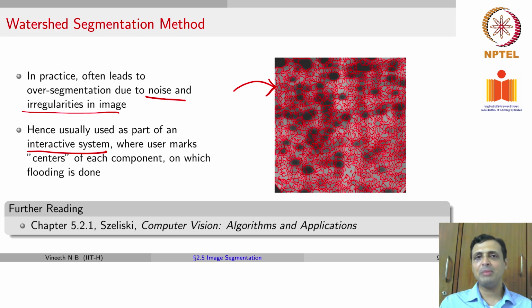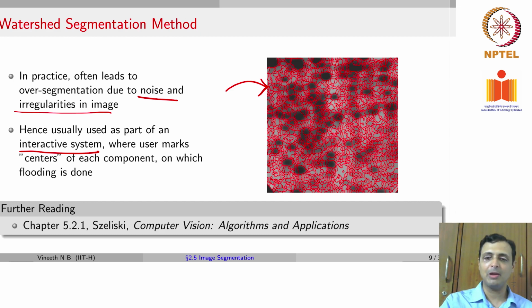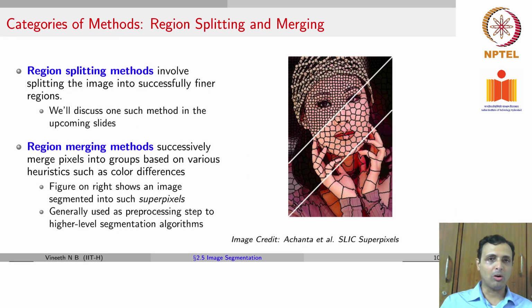Since then, there have been many methods that people have developed, and one could broadly categorize methods into two kinds: region splitting and region merging. In region splitting methods, as the name suggests, the idea is to start with the image and then keep splitting it into finer and finer regions.